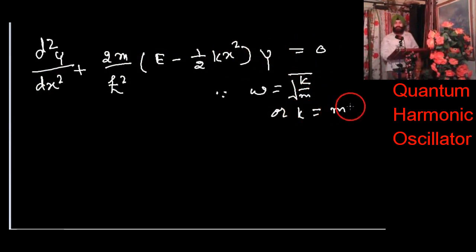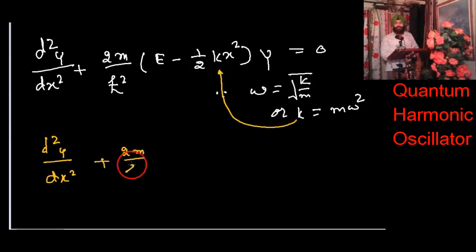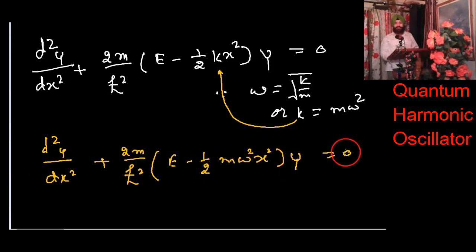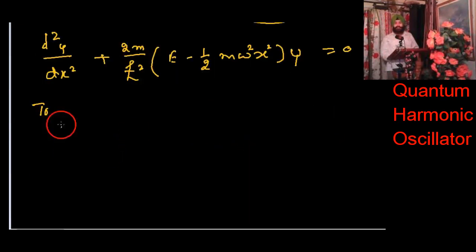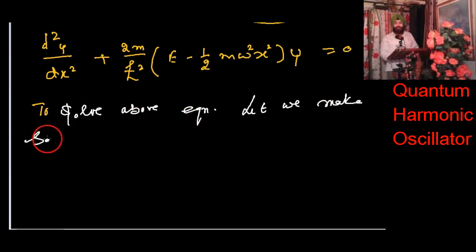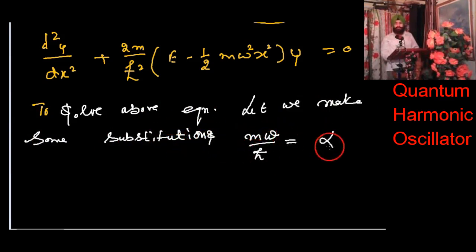We know the value of omega, substituting the value of k here. So this is the Schrödinger equation.